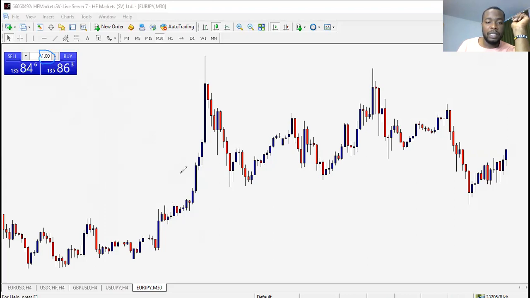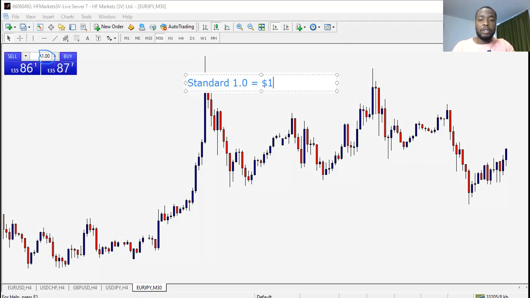When you're trading with a standard lot size, the implication is that every pip for you or against you, if we say, for example, you're trading with a standard lot size of 1.0, that means you're trading at $10 per pip.